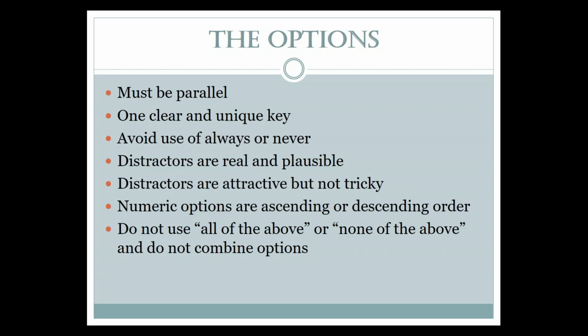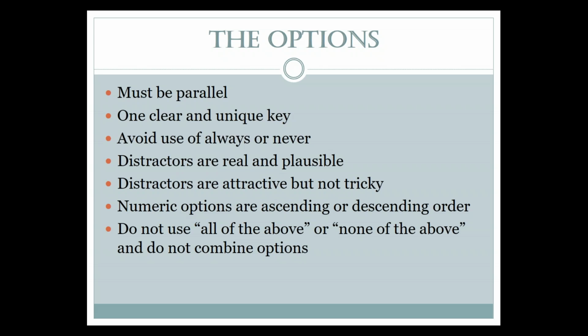We want to avoid the use of always or never when formulating our distractors. All of those qualifiers like all, only, always, never are really flashbulbs to candidates who take test prep courses, that those are not the answers, and then they'll just cross those right off.